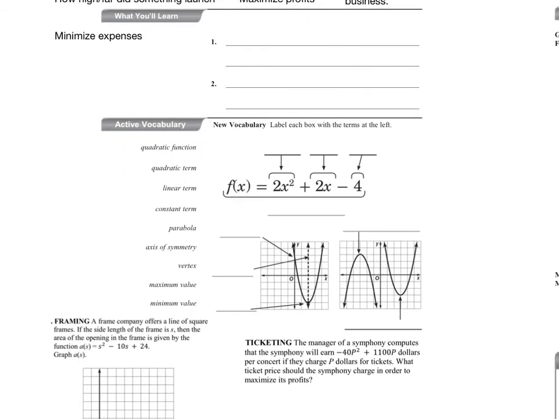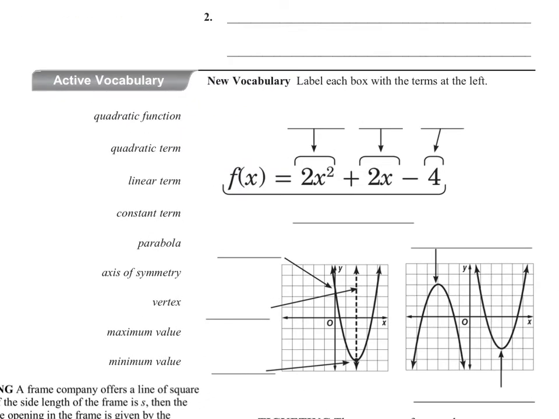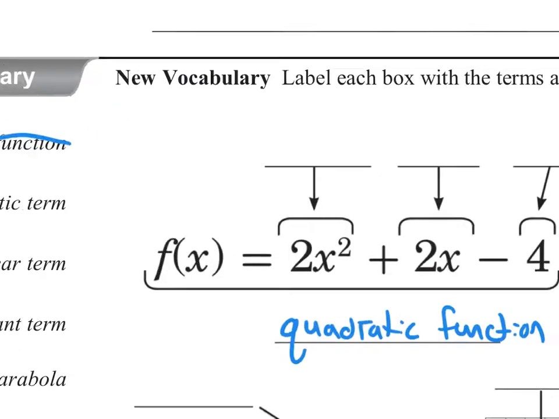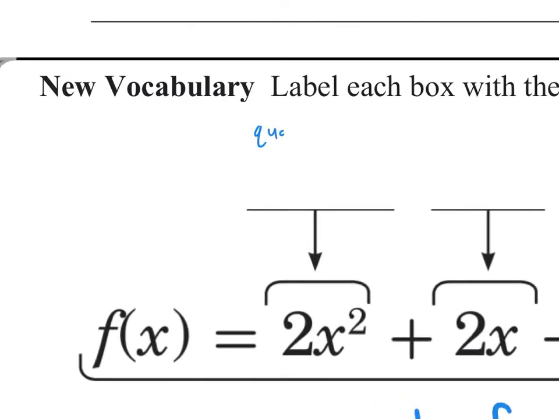All right, so here's some vocabulary for this here. Now, here's what makes something a quadratic function. For something to be a quadratic function, it must have what's called a quadratic term.